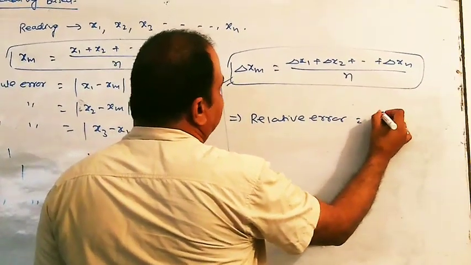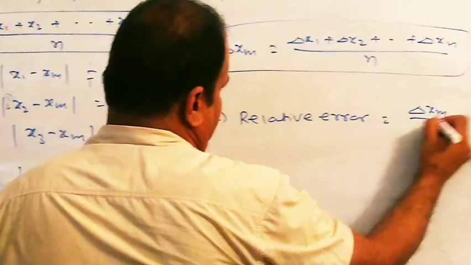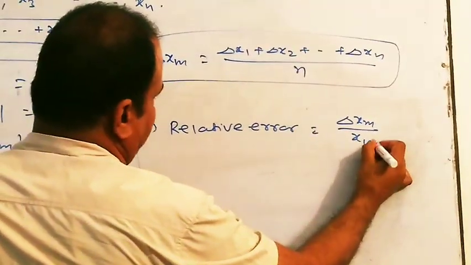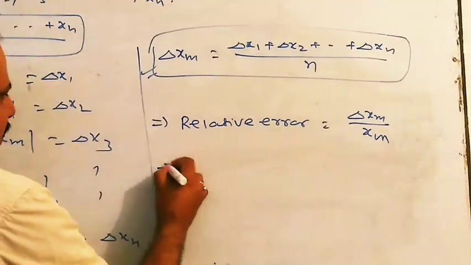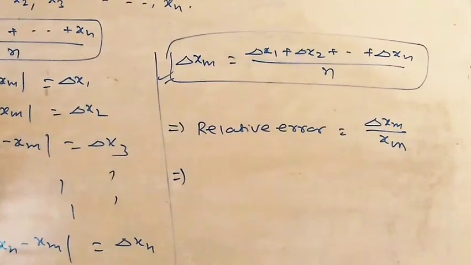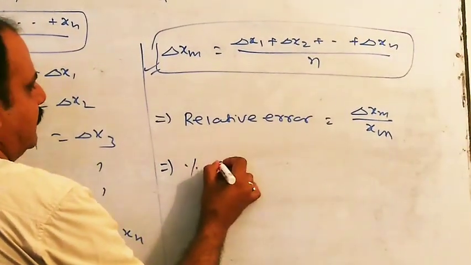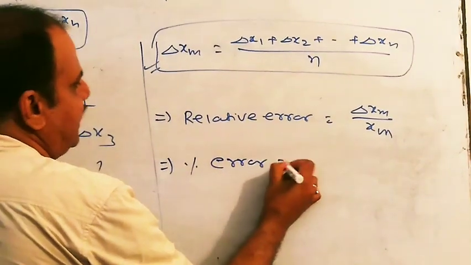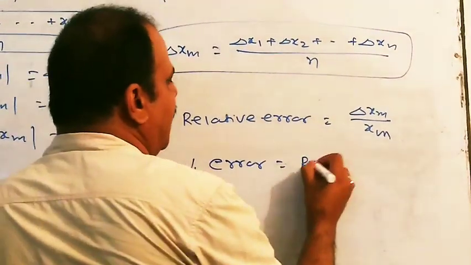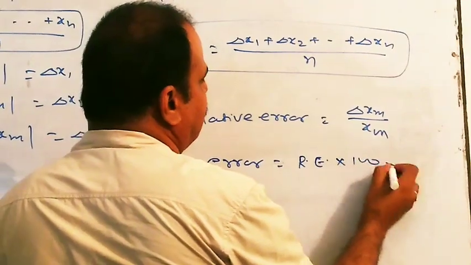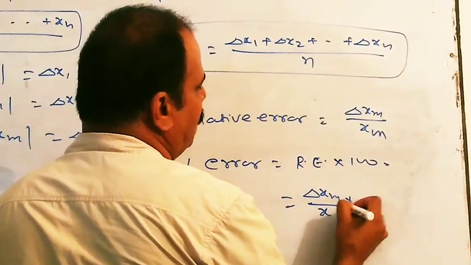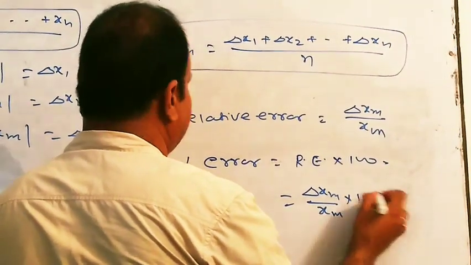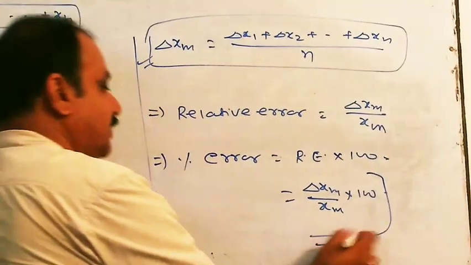Relative error is delta xm by xm. And when we multiply this relative error by 100, we get the percentage error. Percentage error is relative error into 100, that is delta xm by xm into 100. ये first type of question.